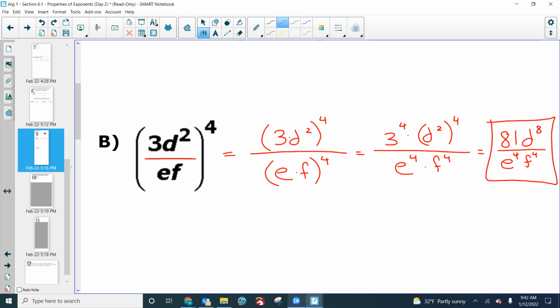See how it is? Please ask if you're confused. I'm always confused. Why isn't the answer just like 3d to the power of 8?